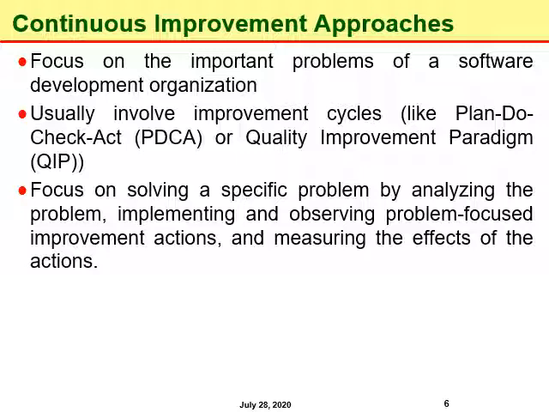Continuous improvement approaches focus on solving a specific problem by first analyzing the problem, then implementing and observing problem-focused improvement actions, and measuring the effects of these actions. The interpretation of the measurement data is used as input for further optimization of the solution.